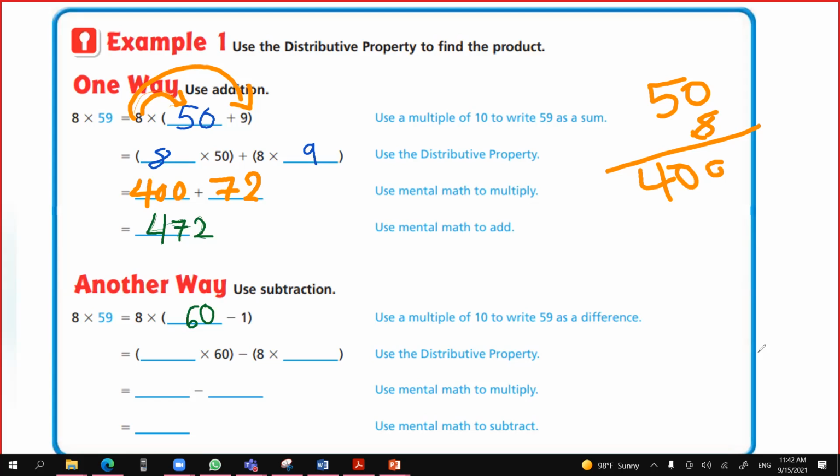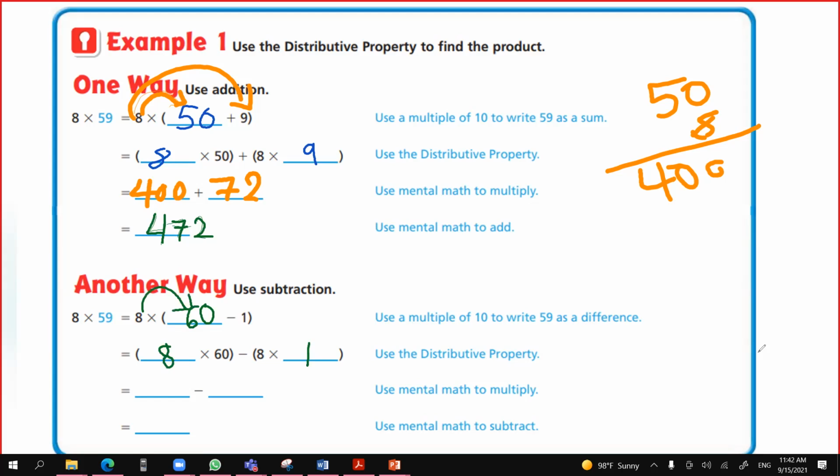Yes. Now, using the distributive property, I will multiply 8 by 60. I will put 8 2 times and then 60 at the beginning, 1 at the end. Like I distribute 8 on 60 once and 8 on 1 the other time.